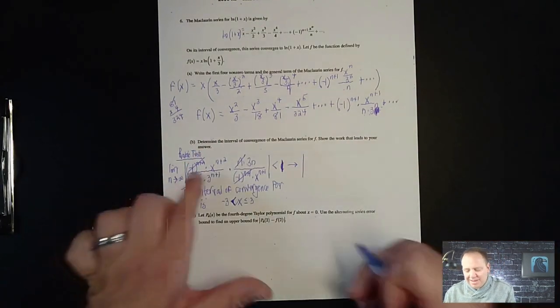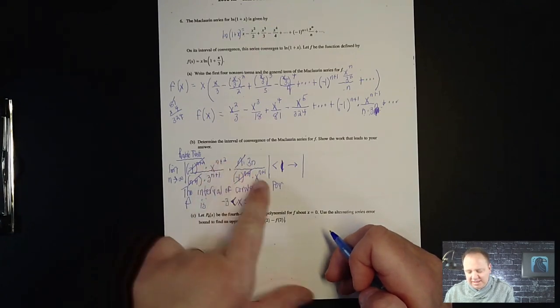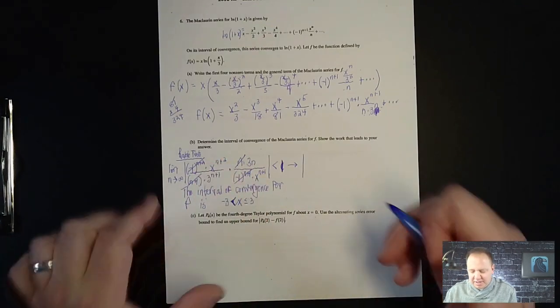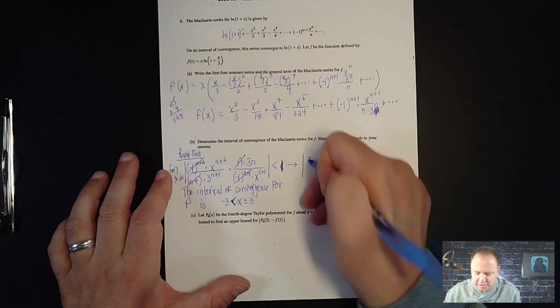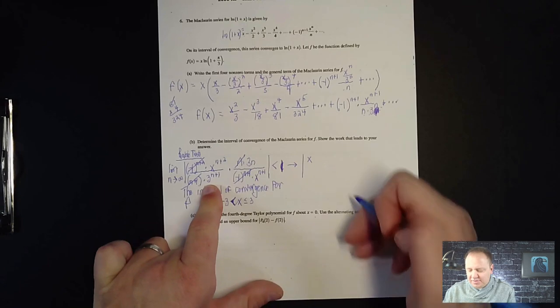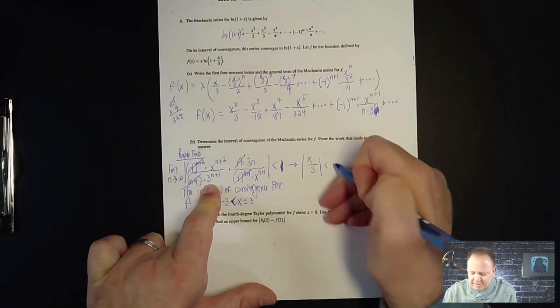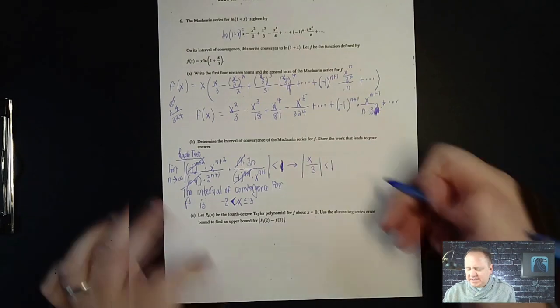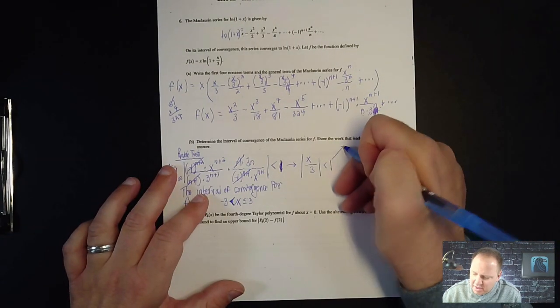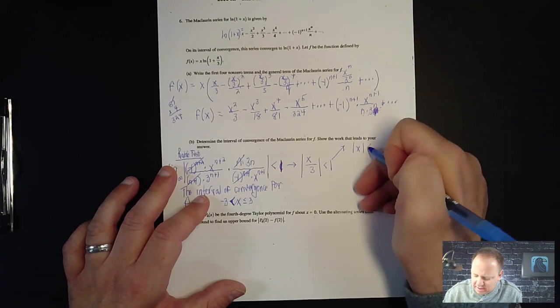So really what I'm left with is the absolute value of, when I divide these two like bases, I'm going to get x on top. When I divide these two like bases, I'm going to get 3 to the first on bottom, which would be less than 1. You can kind of already see this thing building itself, which would take me to just multiply 3 to the other side.